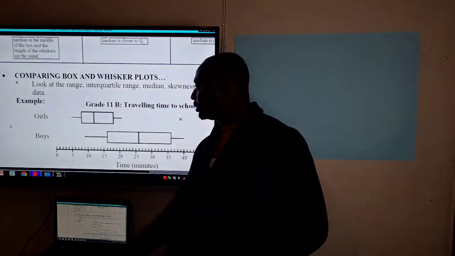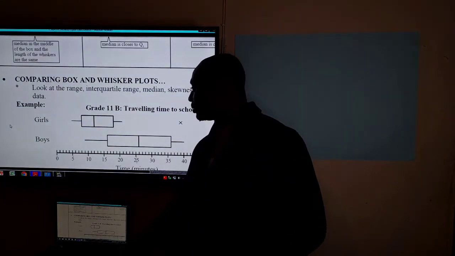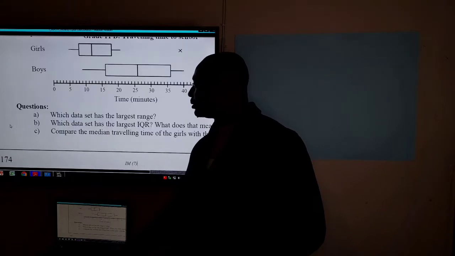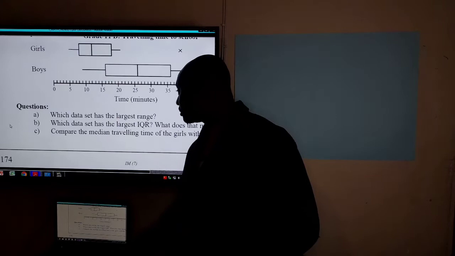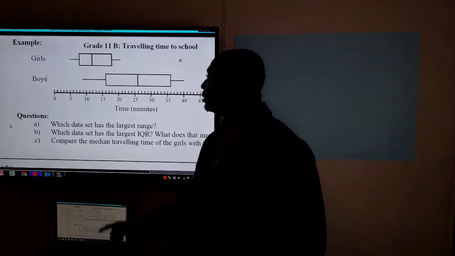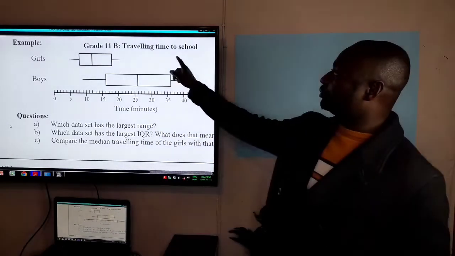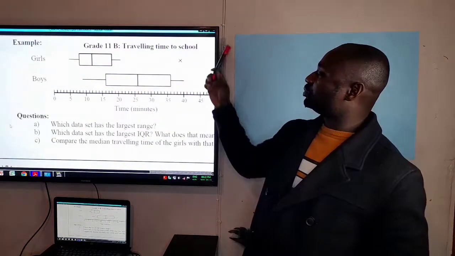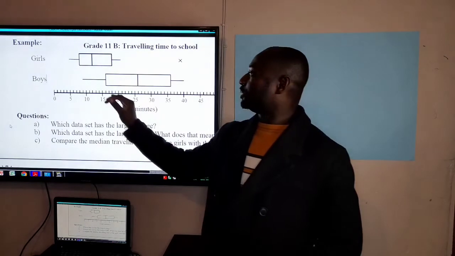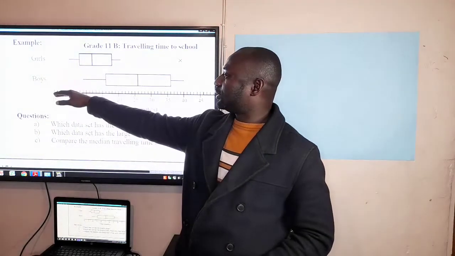Example number 1 says we are focusing on this example, which is grade 11B traveling time to school. So in the grade 11 we have boys and then we have girls.